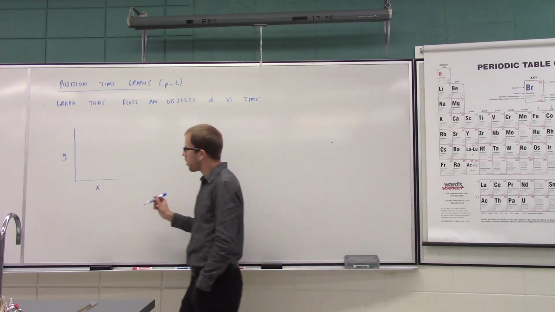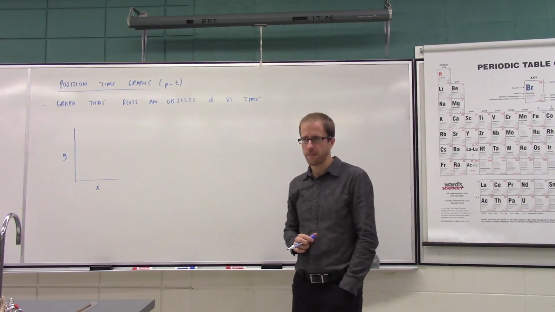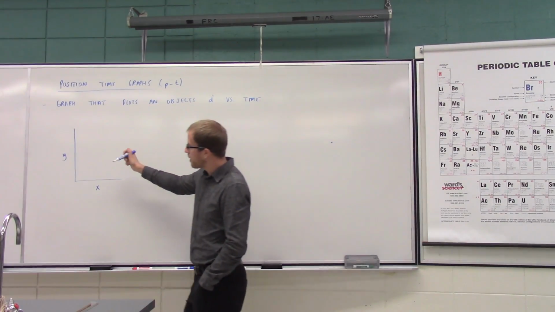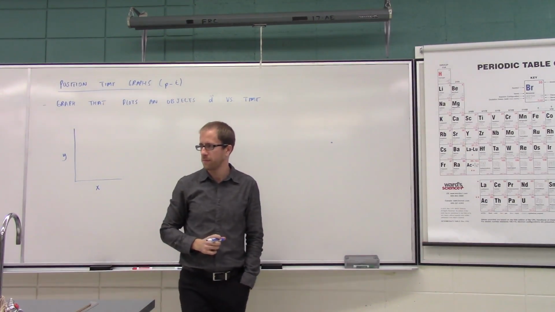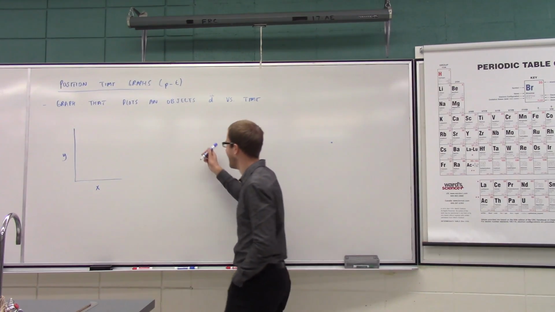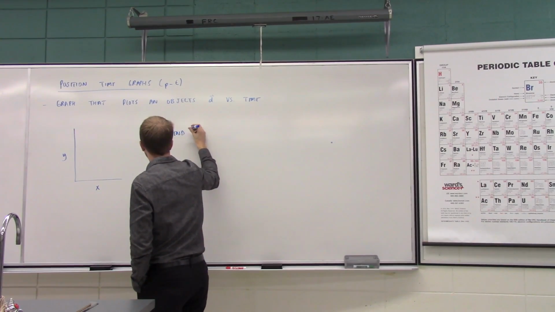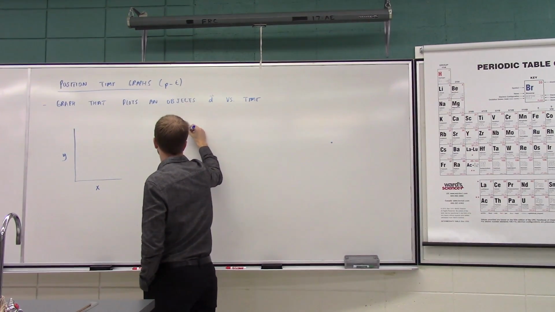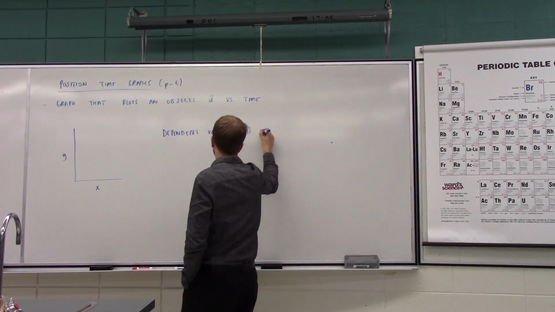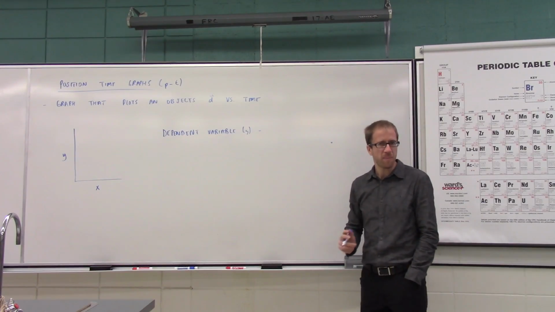Does anybody know what else we call our y? There's a different name for it. Typically, is y the thing that we measure when we do science experiments? Yes or no question? Yes, good job. We also call this the dependent variable. So your dependent variable, which is my y, depends upon my independent variable.